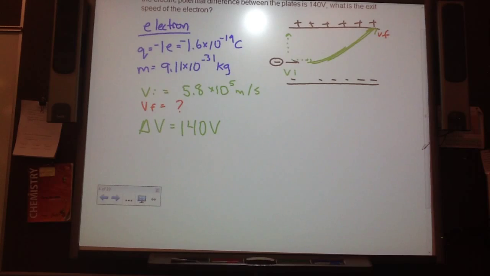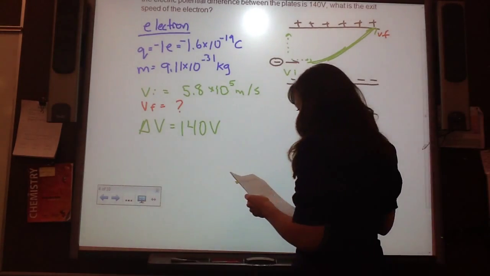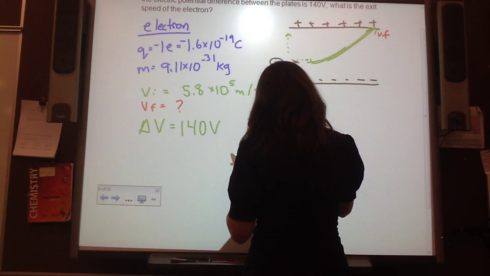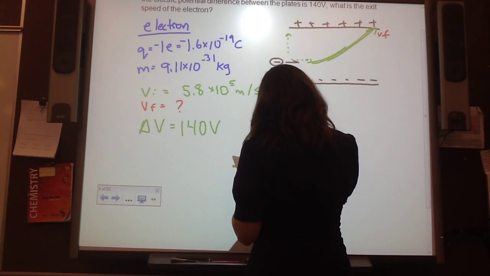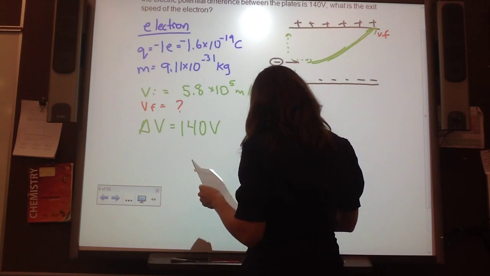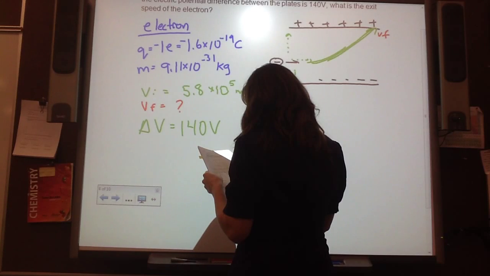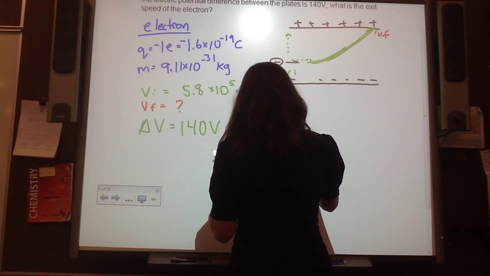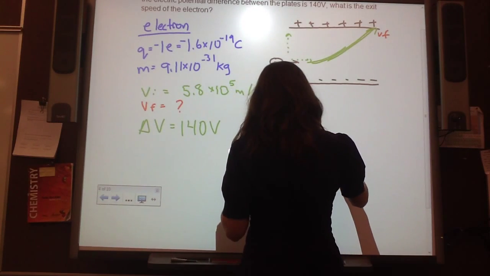So what we're going to use is change in energy. We're going to have EK equals half mv squared.